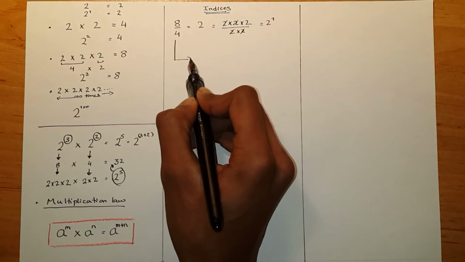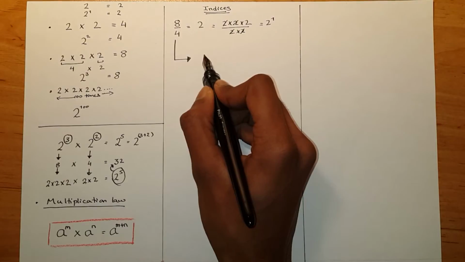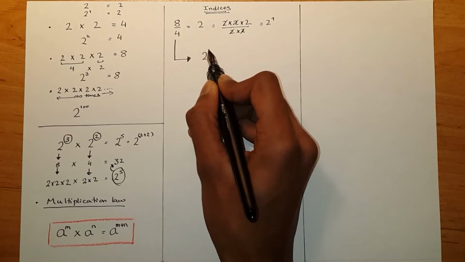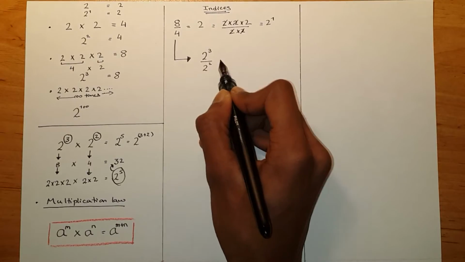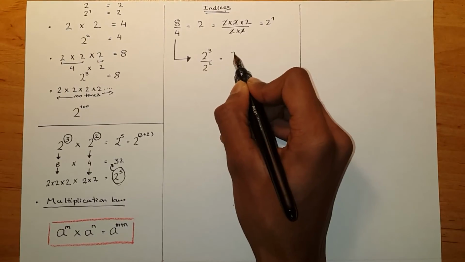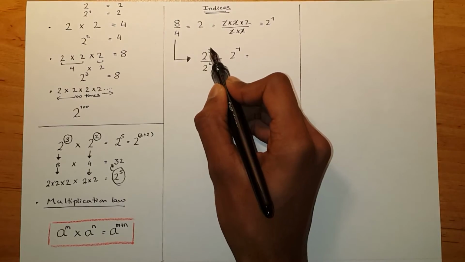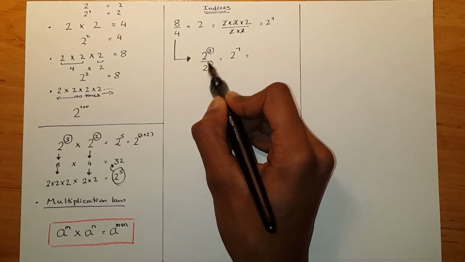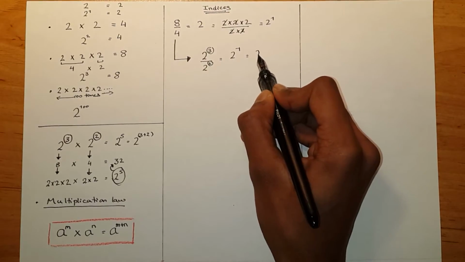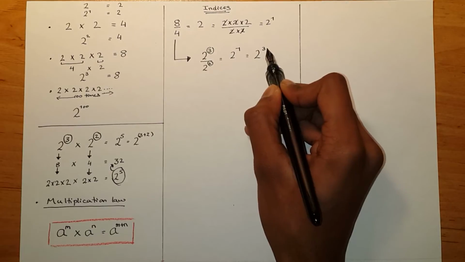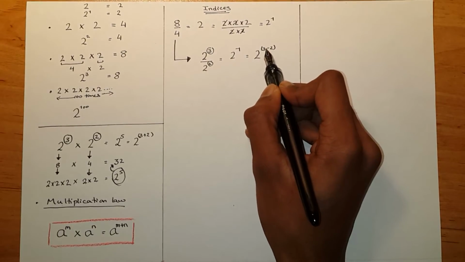We could have also written 8 and 4 as 2 to the power of 3 divided by 2 to the power of 2, which makes, as we can see, 2 to the power of 1. And we can see that those two powers have been subtracted from each other, so it makes 2 to the power of 3 minus 2.